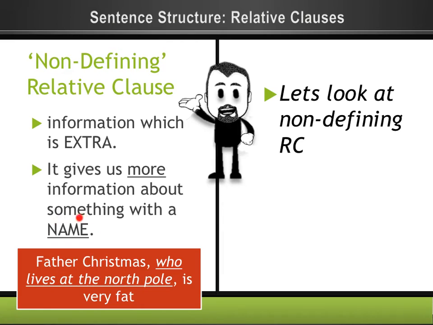Non-defining relative clauses give us more information about something with a name. If you can see a name at the beginning of your sentence, then that means that the next part cannot be a definition. This is a name, and I don't need to give a definition, so I put a comma.